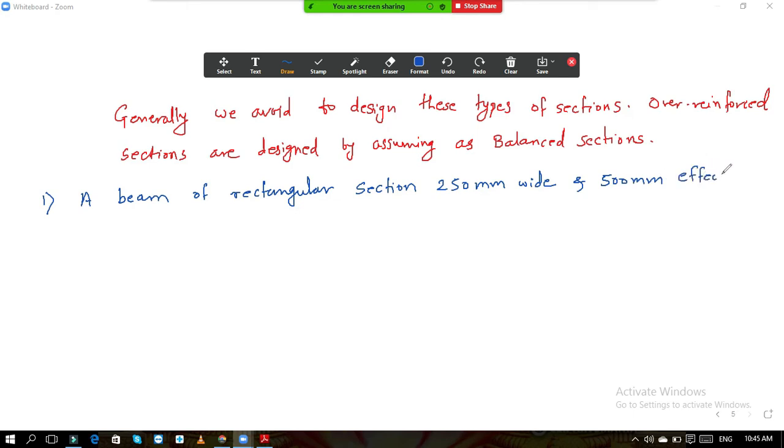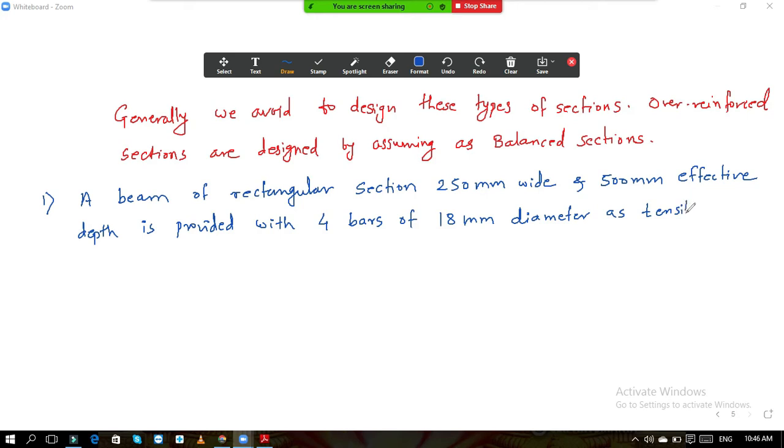So effective depth is given. Remember this. It is provided with 4 bars of 18 mm diameter as tensile steel.